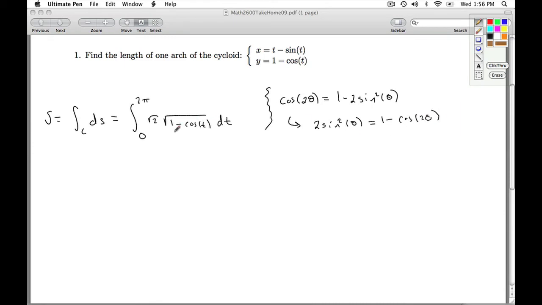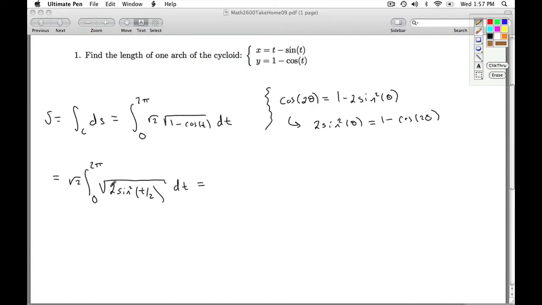So I can replace 1 minus cosine t with 2 sine squared t over 2. So I've got a radical 2 out front, integral from 0 to 2 pi, square root of 2 sine squared t over 2 dt.